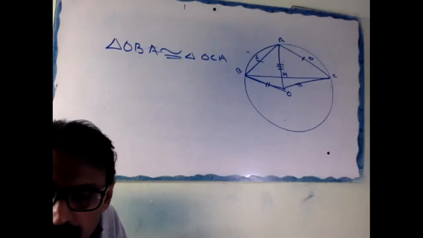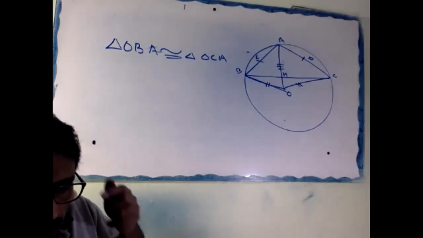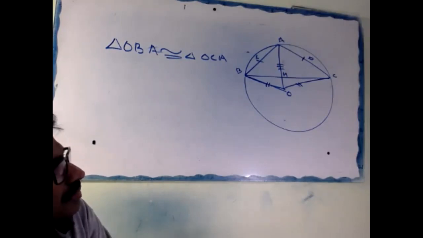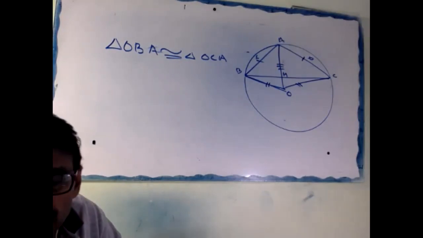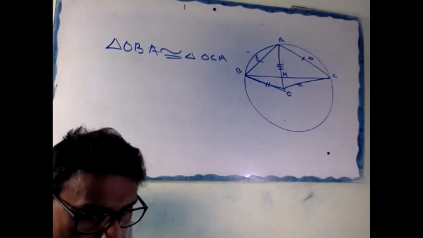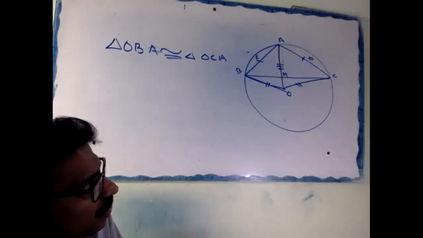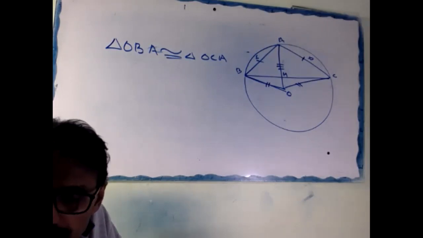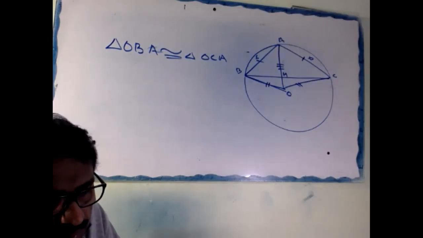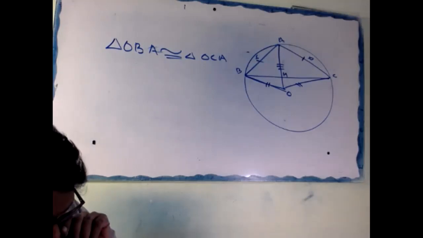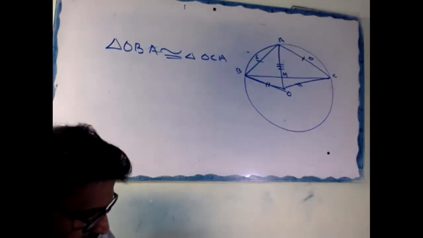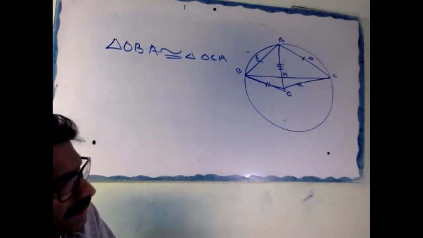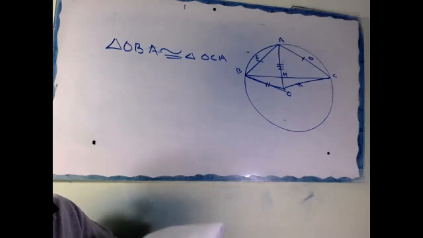OA equal to OA, common. Therefore, triangle OBA congruent to triangle OCA, SSS congruency.